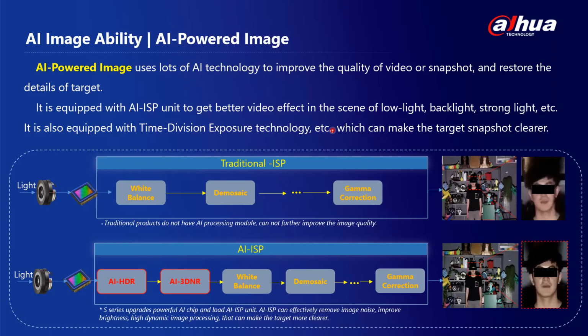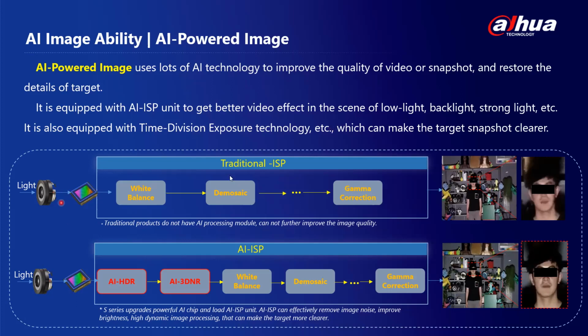So in this case, these particular cameras or products will use the time division exposure just to ensure that it can get a better image quality for the human being who's walking a little bit slower compared to the vehicle moving at a very high speed. So it's basically going to take those two image forms and perform the video analytics to give you better quality images when it comes to the two objects passing by where the camera is.